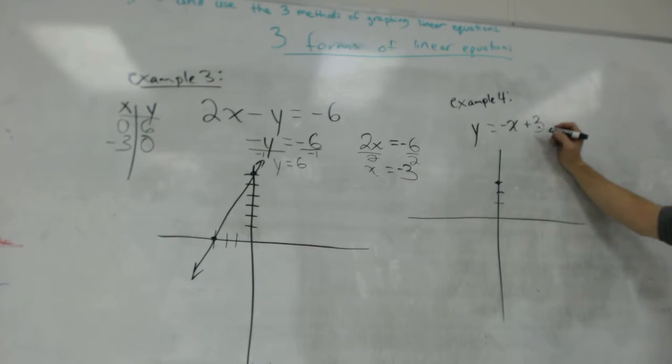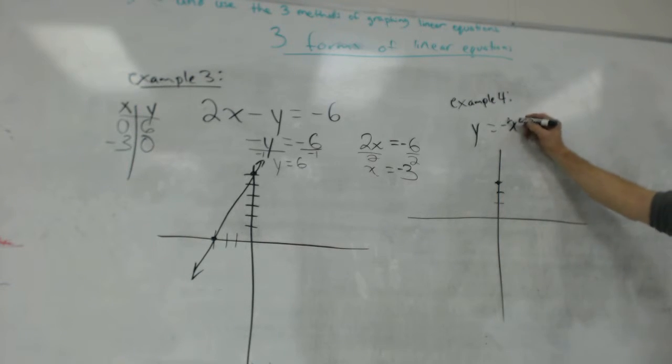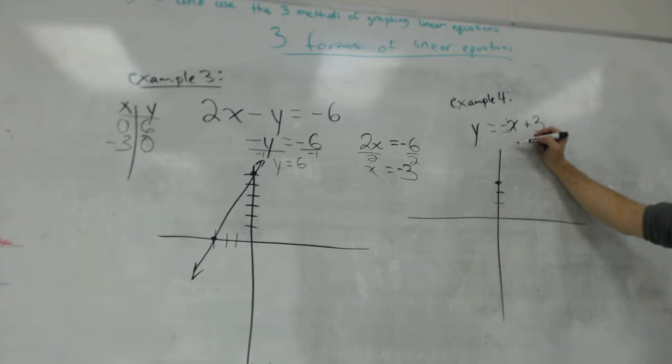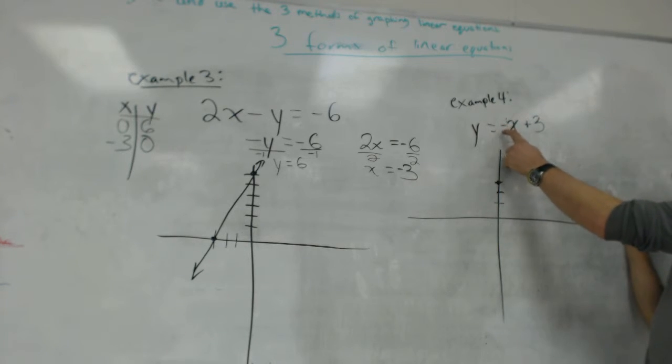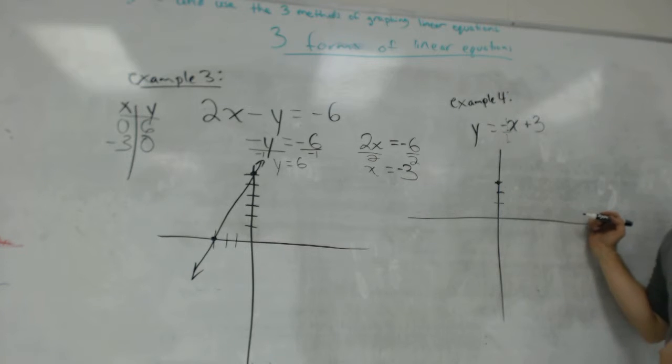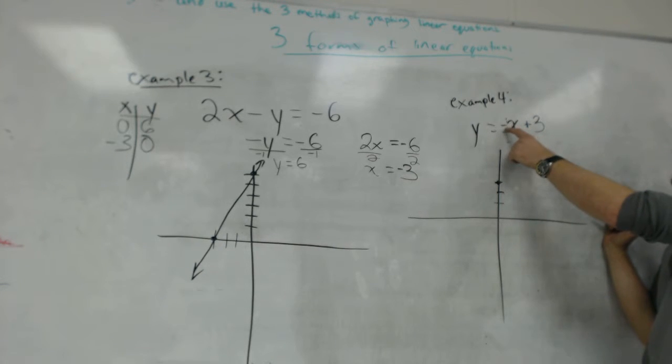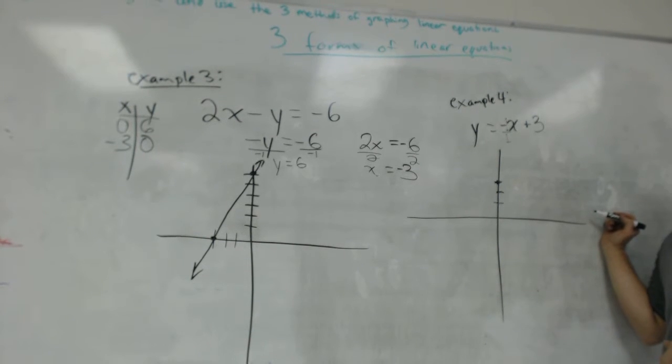So there's an invisible 1 over 1. Exactly. So my slope is negative 1 over 1. Right? If it just says negative x, I can imagine a 1 there, and I can imagine it being over 1.